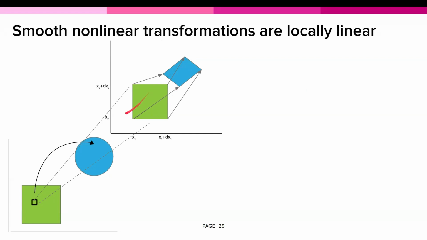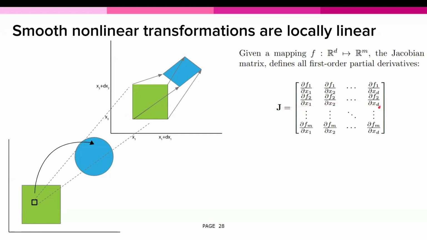And we can characterize this local linearity using the Jacobian matrix, which is a multidimensional generalization of the first derivative. It contains all first order partial derivatives of the transformation function f in question. Crucially, the determinant of this Jacobian matrix in general is the rate of volume change at any point.